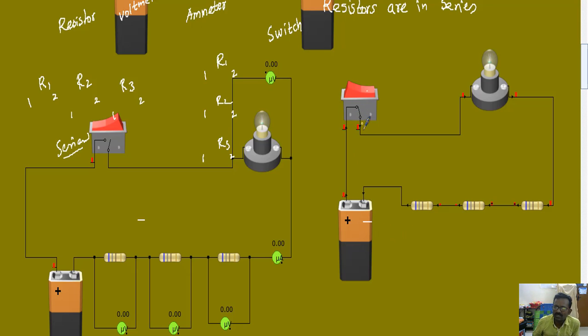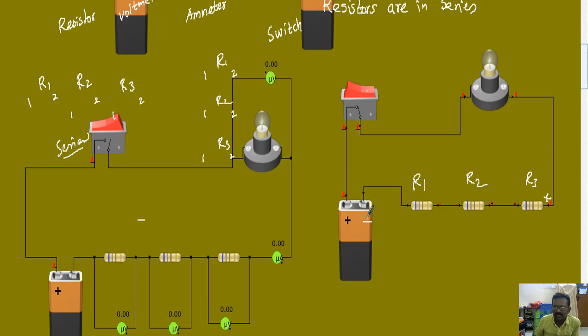The plus is going through this switch, through this bulb, and through this one. The resistor 3, the resistor 2, this is resistor 1. Now the plus is coming through this resistor, this resistor, and this resistor, reaching the negative terminal of the battery.